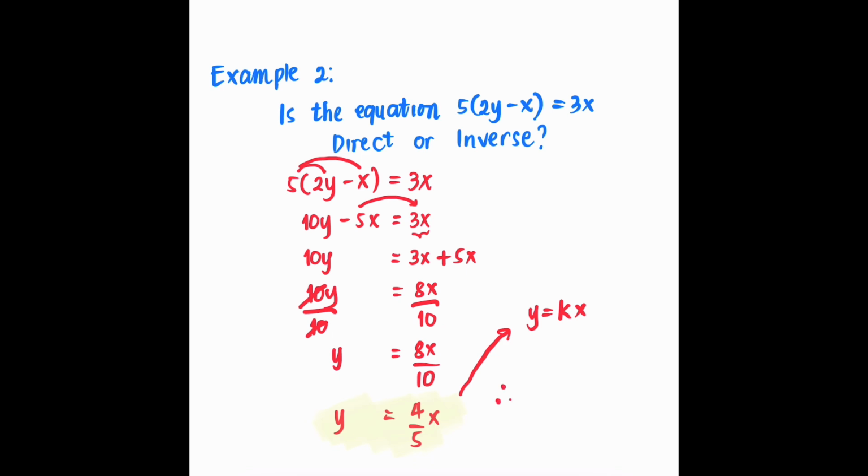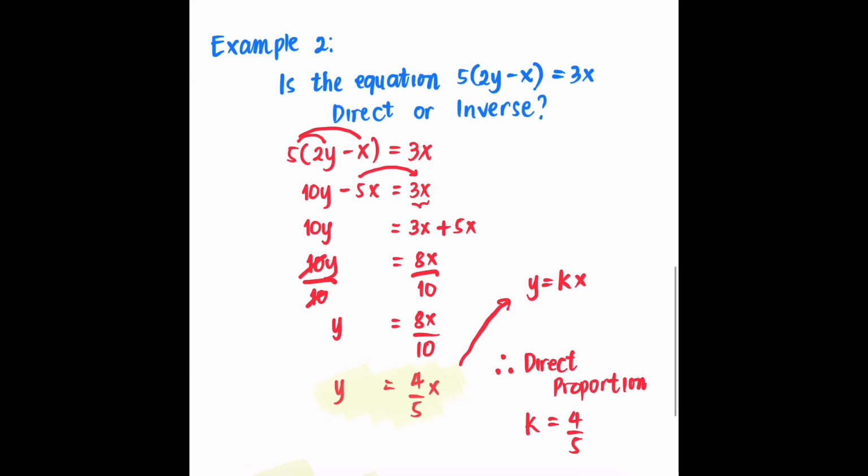Therefore, the given equation is direct proportion. And for the value of k, from this equation, the value of k is 4 over 5.